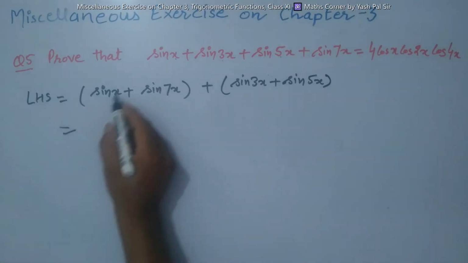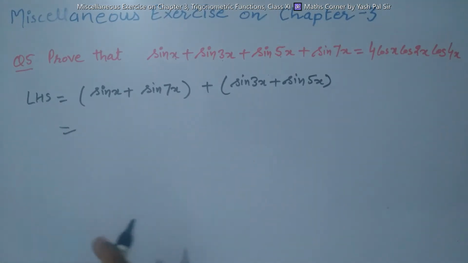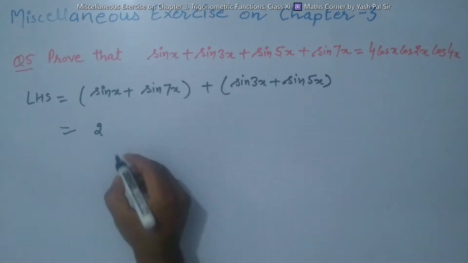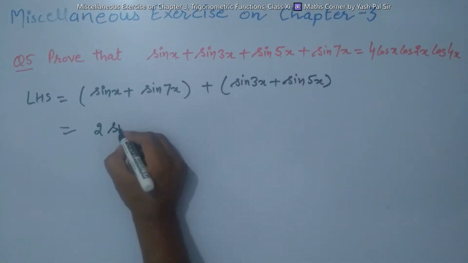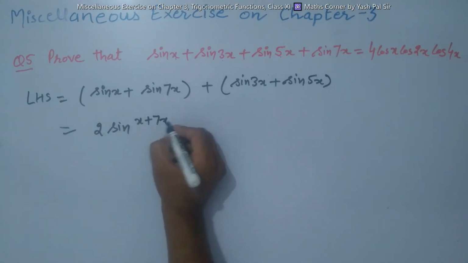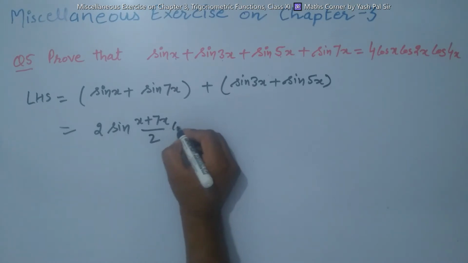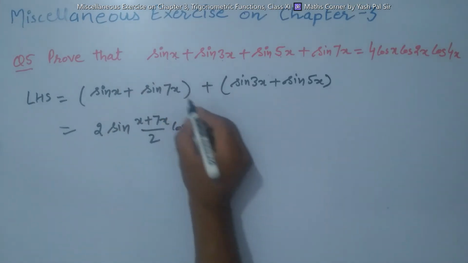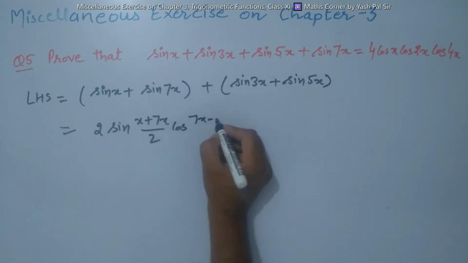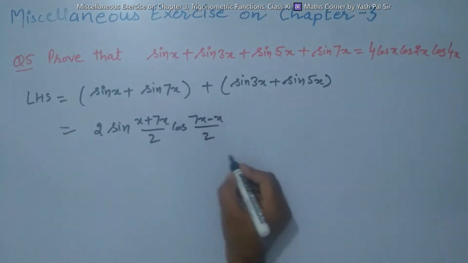Now applying the CD formula, this becomes sin c plus sin d equals 2 sin of (c plus d) upon 2, that is x plus 7x upon 2, into cos of (c minus d) upon 2, that is 7x minus 1x upon 2.